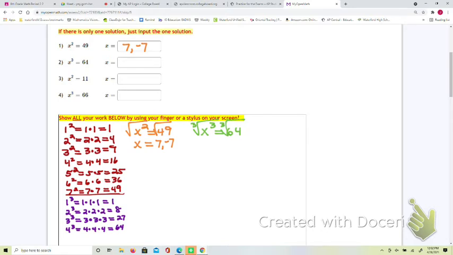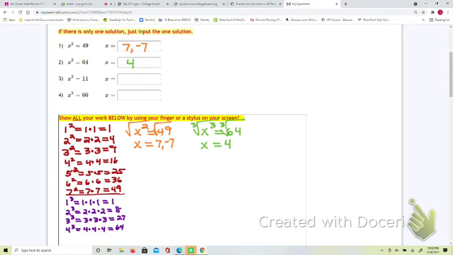If you cube root a cubed, they cancel each other out, and you have x. And then I want to know what number times itself 3 times. What number to the third power equals 64? So I look right here and I find 64. Does everyone see it's the last one? So what number to the third power equals 64? 4. Now, when it's a cubed, that's the only answer. So you type 4.